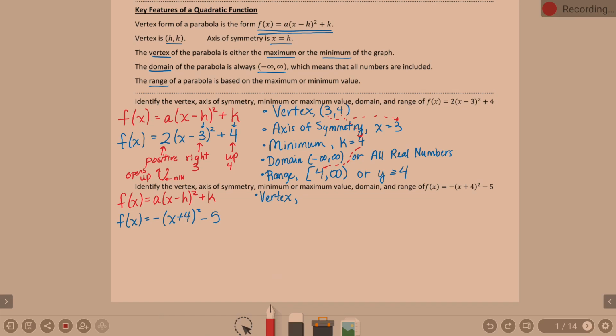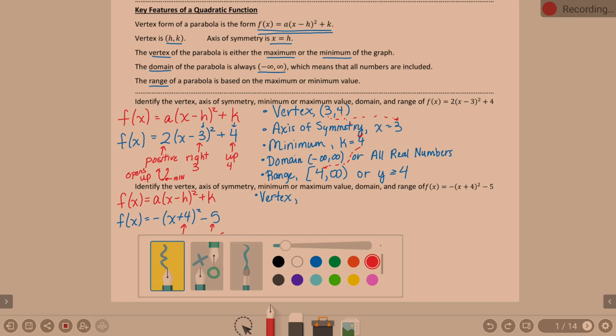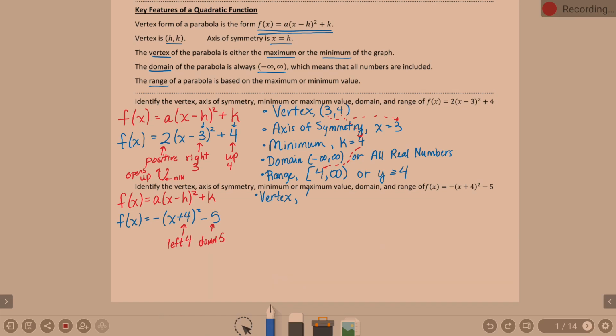Okay, so this is what I'm going to write down to remember. This is left 4. And then obviously the minus 5 is down 5. Opposite sign of the H value. Okay? So, vertex is negative 4, negative 5.